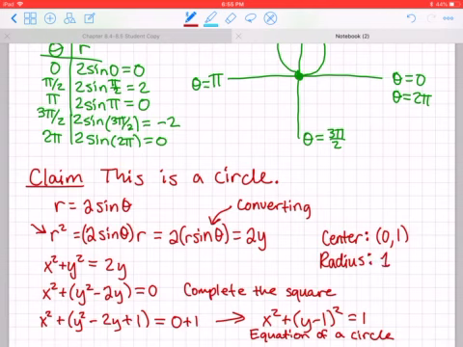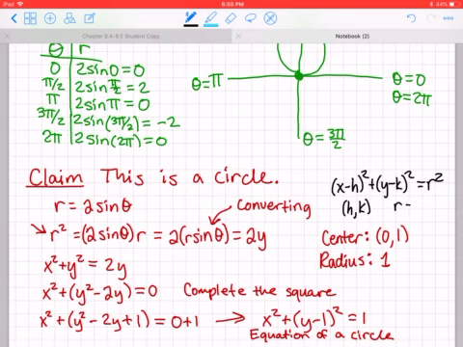Okay, remember you can write any circle in the form, usually they say (x minus h) squared plus (y minus k) squared equals r squared, where (h, k) is your center and r is the radius. And so you see that that's all I did there. That's how I found the center. That's how I found the radius.